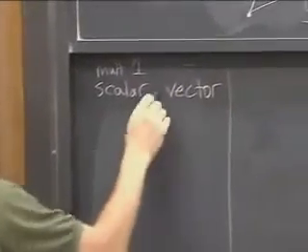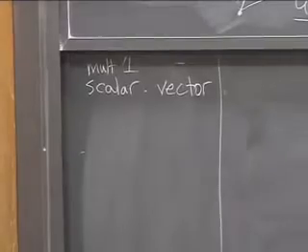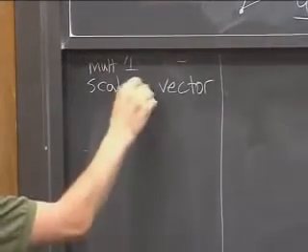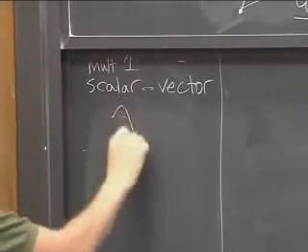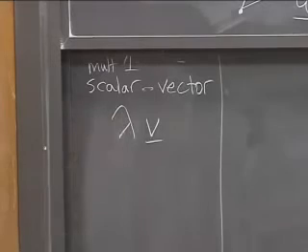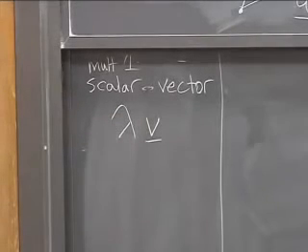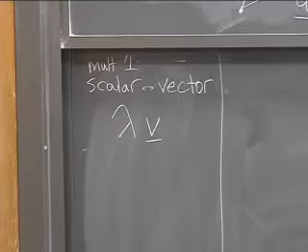And that you don't even normally write a symbol in between. So scalar next to vector. So it would look like lambda v. And just to be clear about it, we use a Greek letter normally for the scalar. So lambda is just a number.